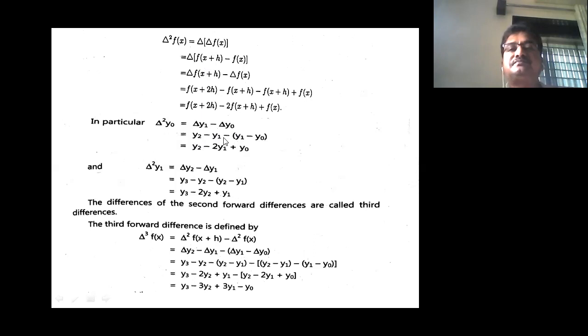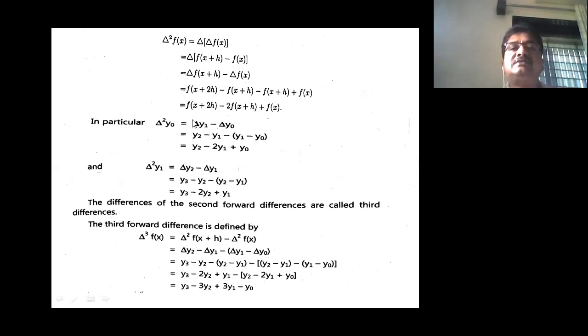And by applying this negative sign on this bracket, this term is negative and this term is positive, plus y0, and this minus y1 and minus y1 becomes minus 2y1. So both these answers are same. These answers are same, but this is in the notation of fx and this is in the notation of y.